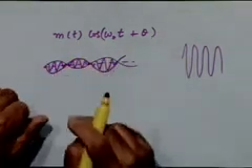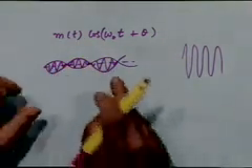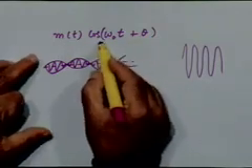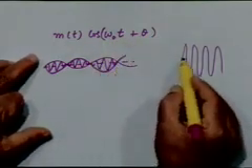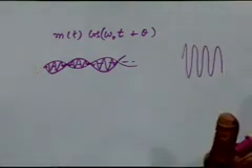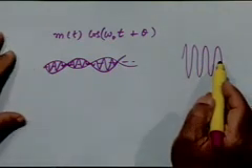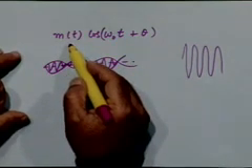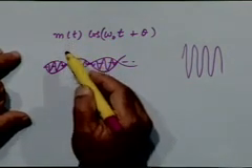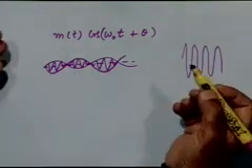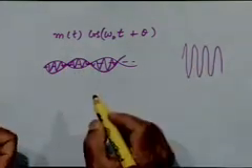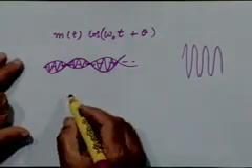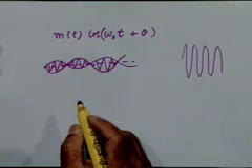Basically, to visualize this, we have to answer one question. It's obvious that the product signal is a fluctuating signal, fluctuating at this rate. It's the same cosine omega naught t signal with some instantaneous amplitude which is governed by the value of m of t. Suppose I ask you, what is the instantaneous amplitude at time t? How will you answer that question? Is it m of t or something else?